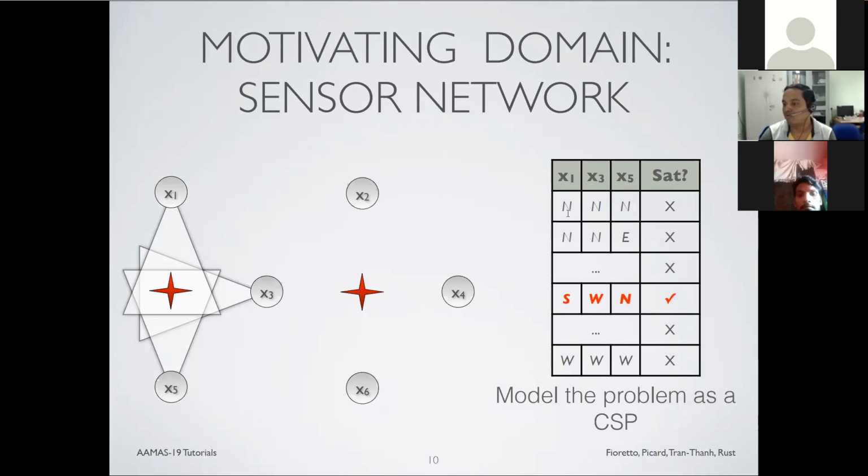It can be 4 to the power 3, because each variable can have the value east, west, north, south, 4, and there are 3 variables X1, X3, X5. So it can be 4 to the power 3. That many combinations will be there.